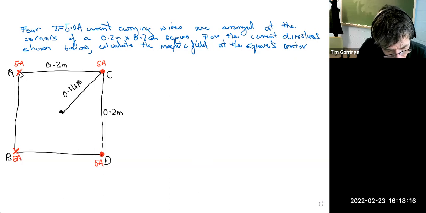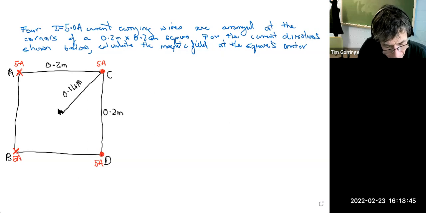The 4 corners where the 4 wires are marked A, B, C, and D. And the directions of the currents are indicated in red. The 2 wires on the left-hand side, that's A and B, have currents flowing into the screen. The 2 wires on the right-hand side have currents that are flowing out of the screen.